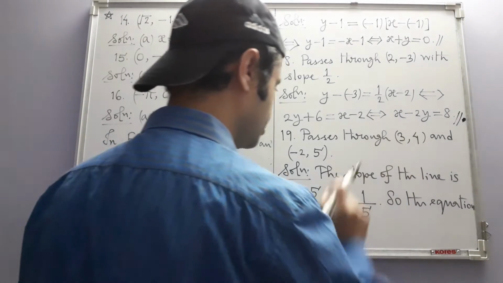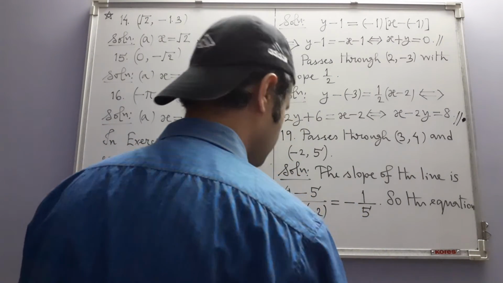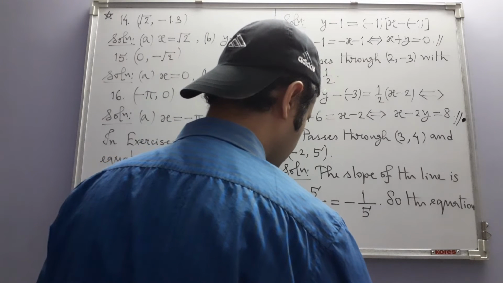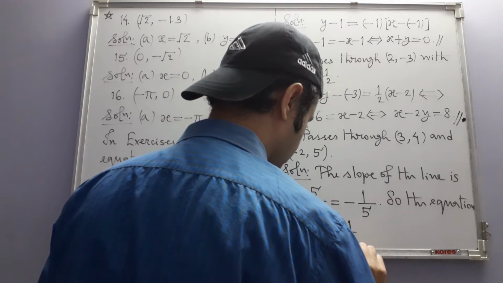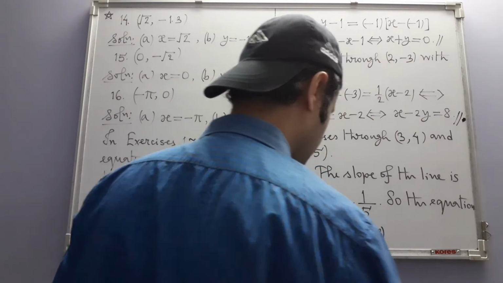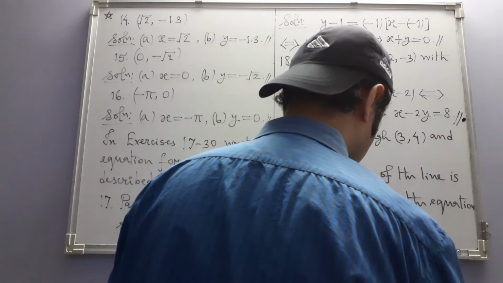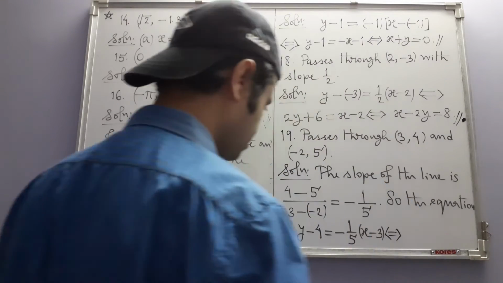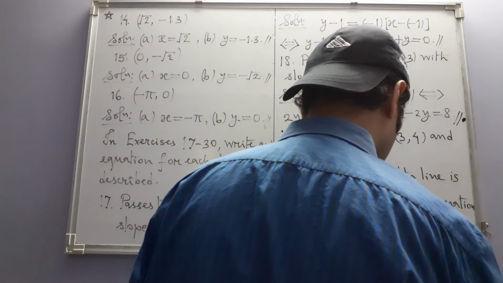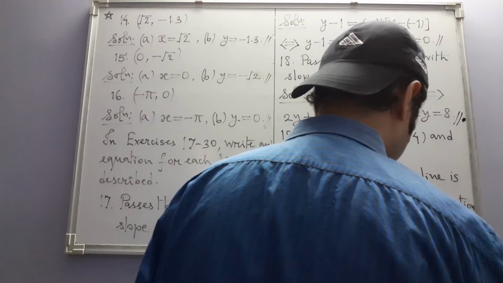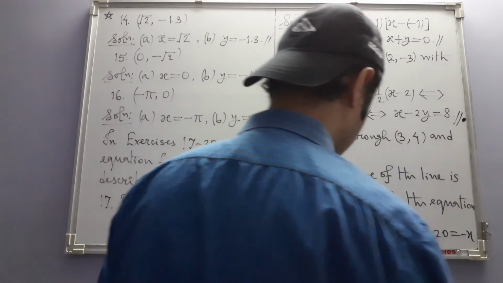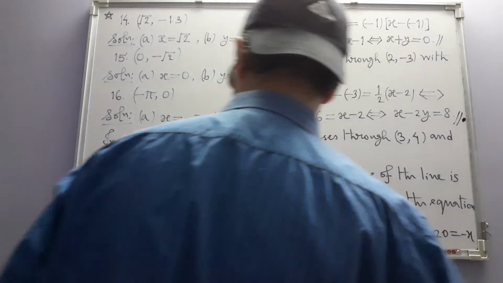So let's just use this one. Using that, the equation will be y minus 4 equal to minus 1 over 5 times x minus 3. If we multiply by 5, we will get 5y minus 20 equal to minus x plus 3.